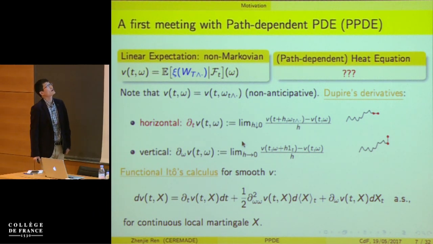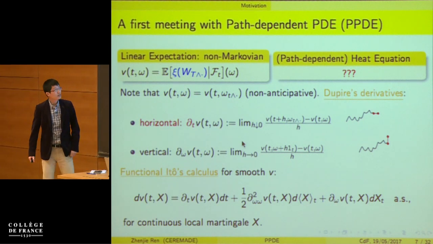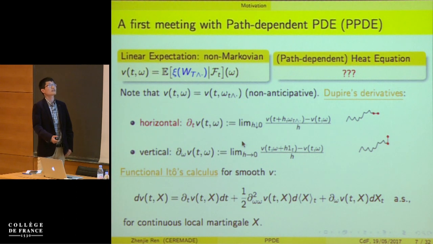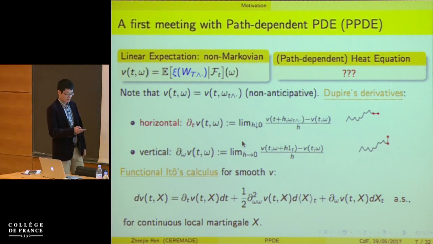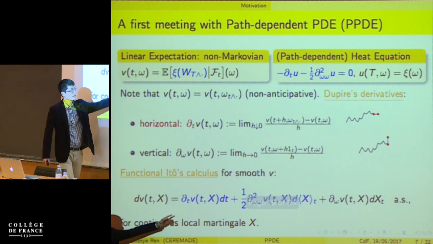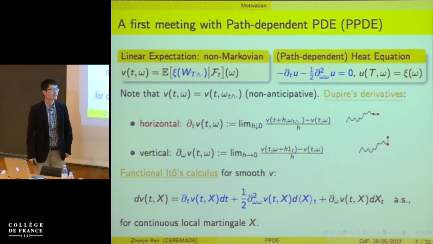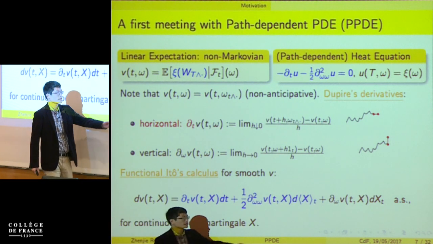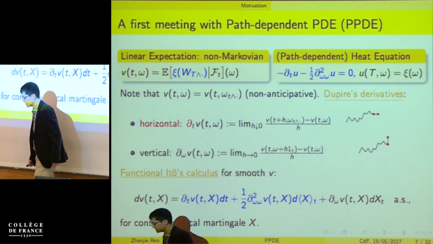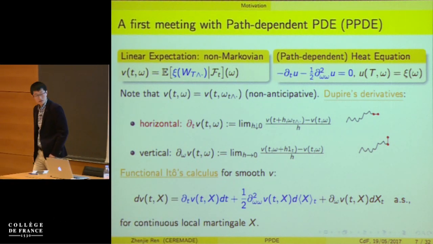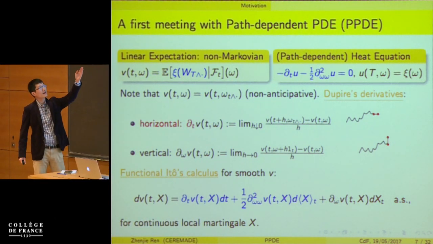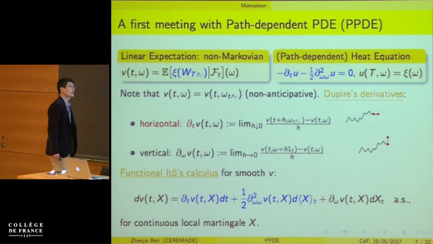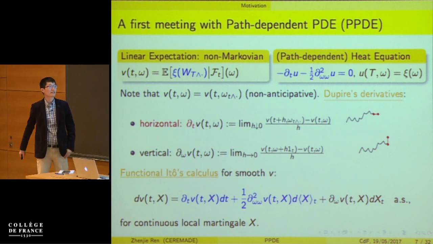Now we come back to our linear expectation model. We know that v(t,w) is a martingale because it's a conditional expectation. So the drift part of this semimartingale decomposition, the blue part, should be 0. And we know that the quadratic variation of w is just t. Consequently, we can now write down the path-dependent heat equation using the derivative notation proposed by Bruno Dupire.